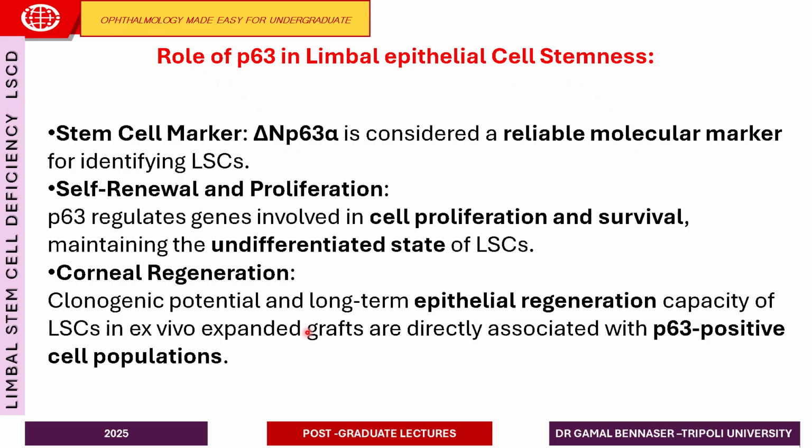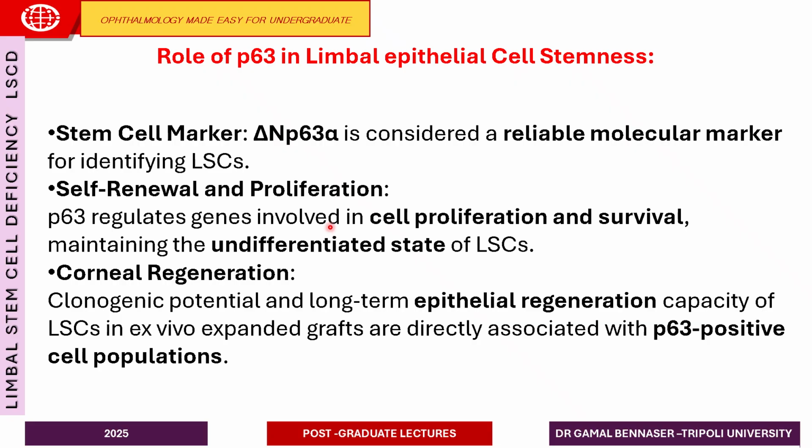So in any ex vivo expansion of cells in the lab associated with high expression of P63, you find that high levels of P63 correlate well with very successful growth of the limbal stem cells ex vivo.